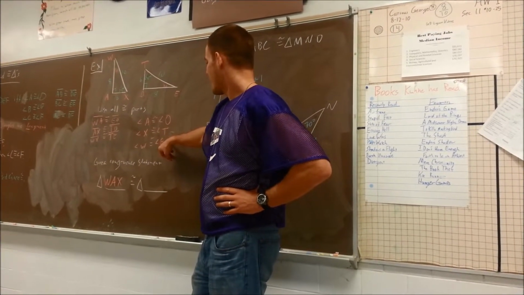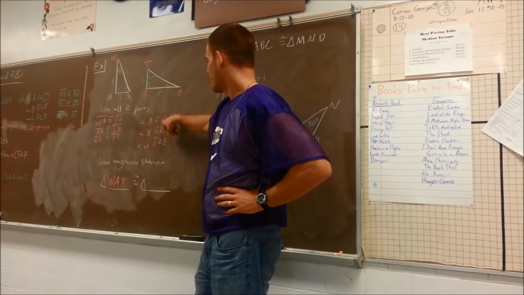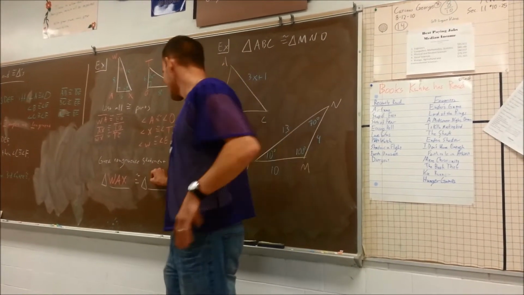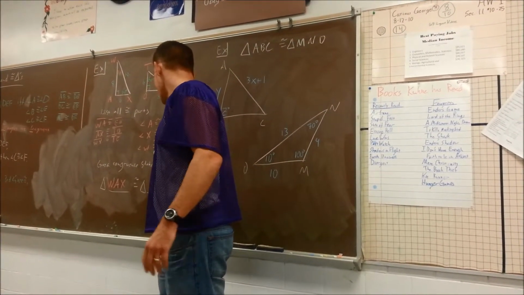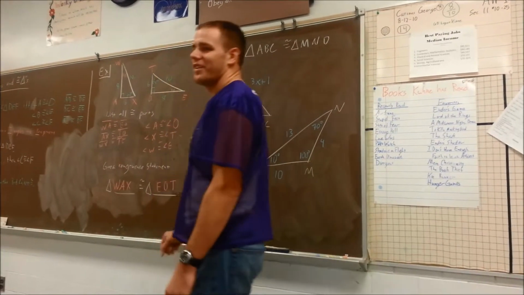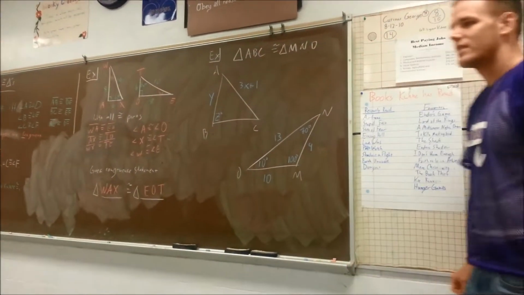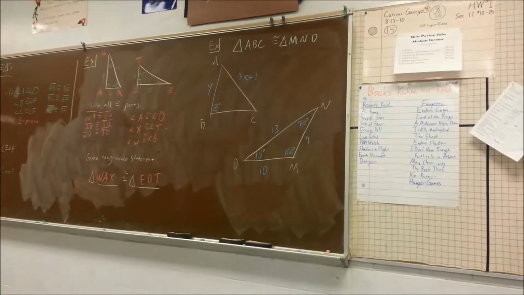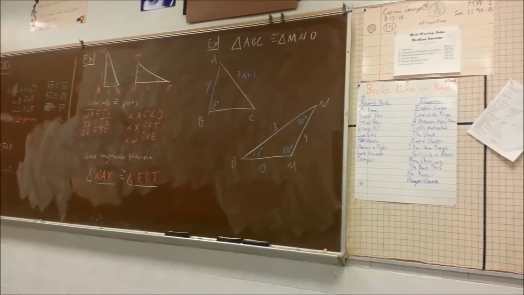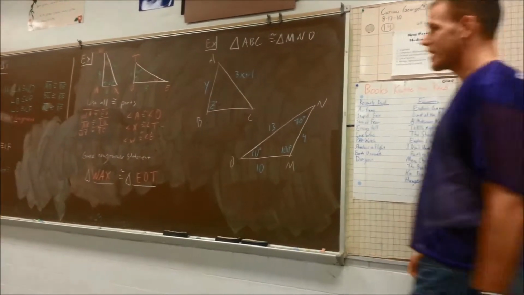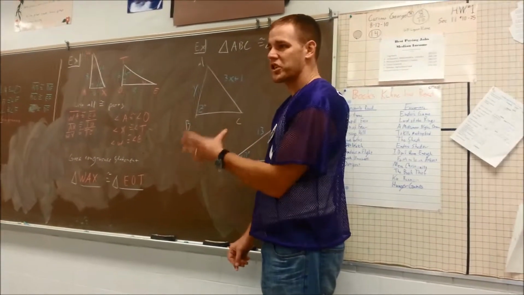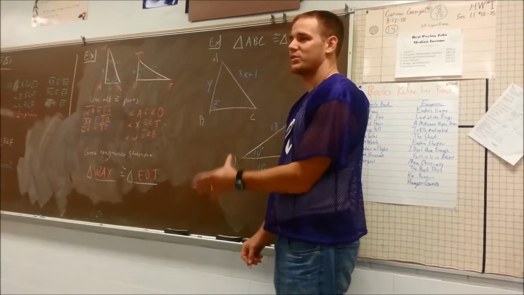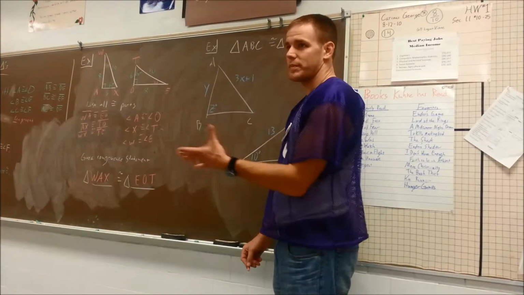E. A matched up with O. X matched up with T. EOT. Sneaky Mr. Kuhne. Yep, triangle EOT. So you got to make the corresponding parts match up.